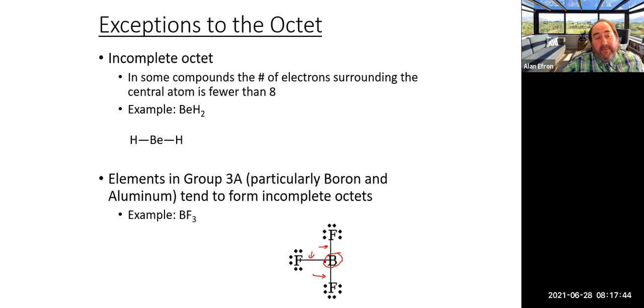Again, beryllium and aluminum are sometimes included in that group, although in most cases what we come across would be something like boron, because of the non-metal sharing of electrons. So compounds that contain boron can go less than 8, and it's perfectly okay in that situation.